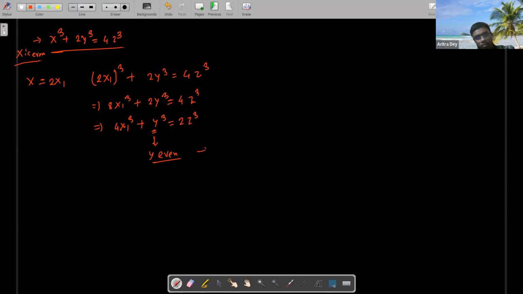Then you just take y equal to 2y1. In this way, you find out x is even, y is even, then you find out z is even. Then the entire equation turns into x1, y1 and z1. Again you find out that x1, y1, z1 are even, so from there you find another x2, y2, z2.